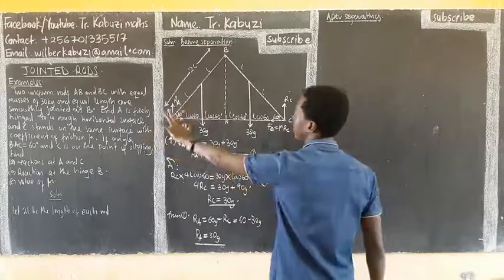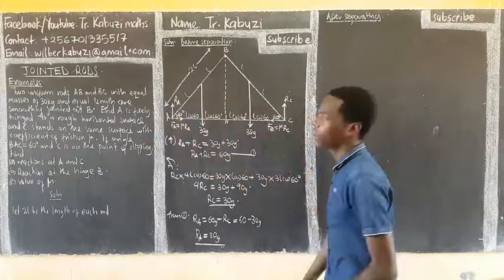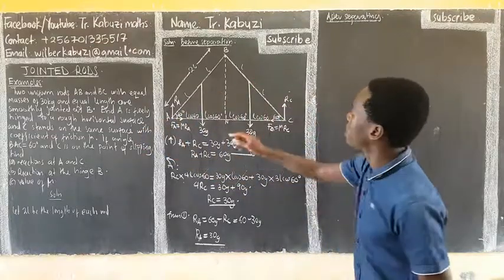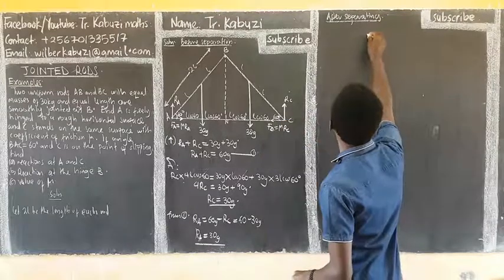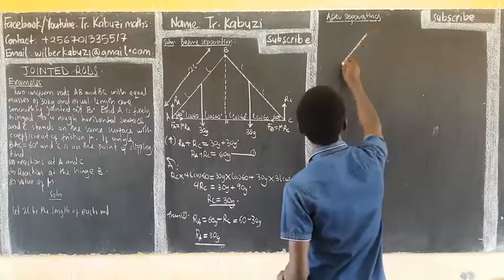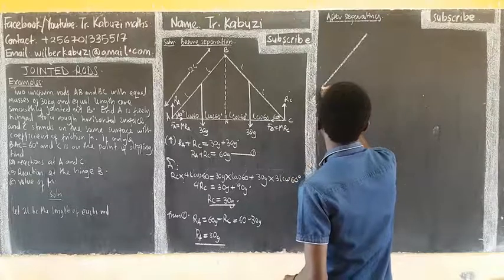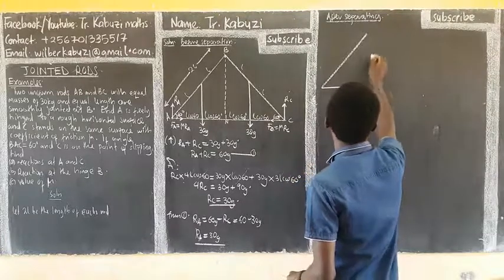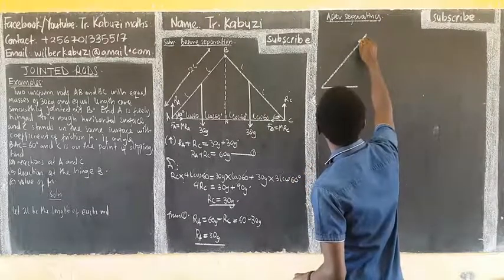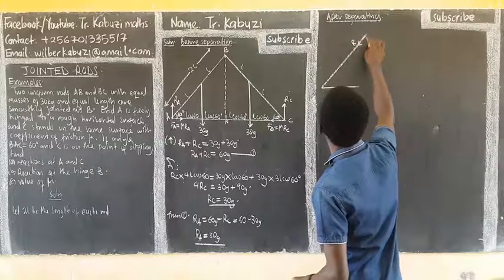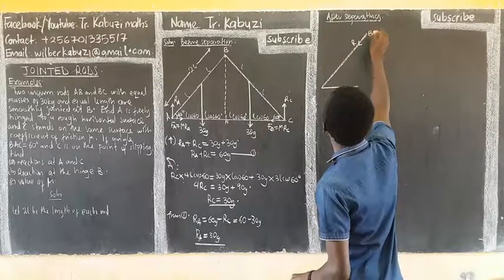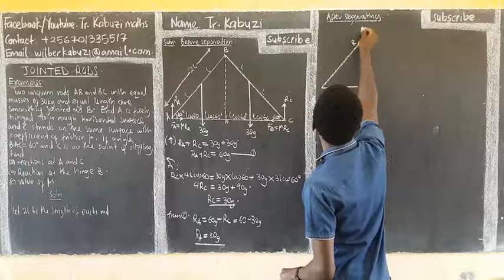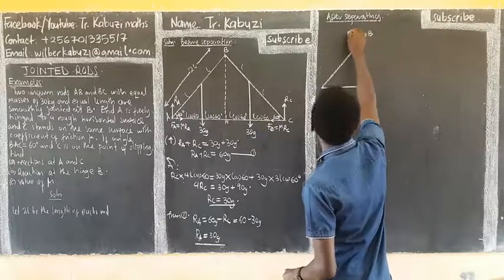Remember, our reaction is going to be acting this side at this point B. So now we resolve this into a horizontal component, which we call Rx, and also into a vertical component, Ry.